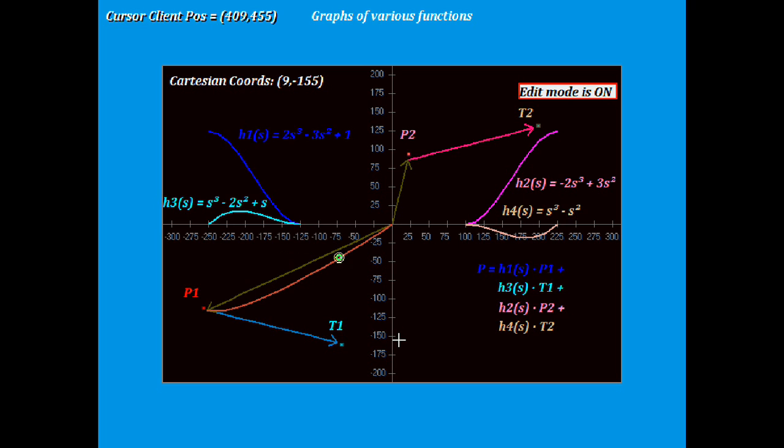And there it is. So this motion is now the sum of the first two terms, t1 h3 times t1 plus h1 times p1.